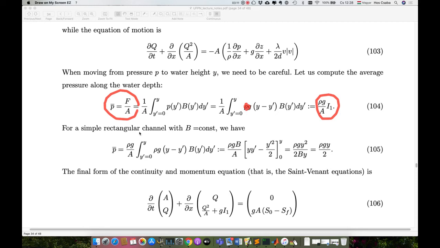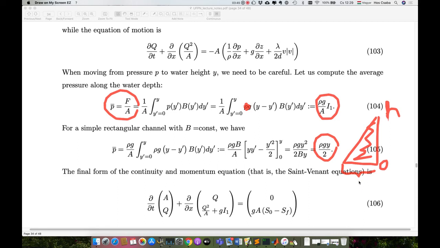Now, of course, if you have a simple rectangular channel with B being constant, the average pressure is nothing else but half of the hydrostatic pressure, because this is your pressure distribution. So this is 0, this is the water height, and then the average pressure is half of this, and this here is rho g y.